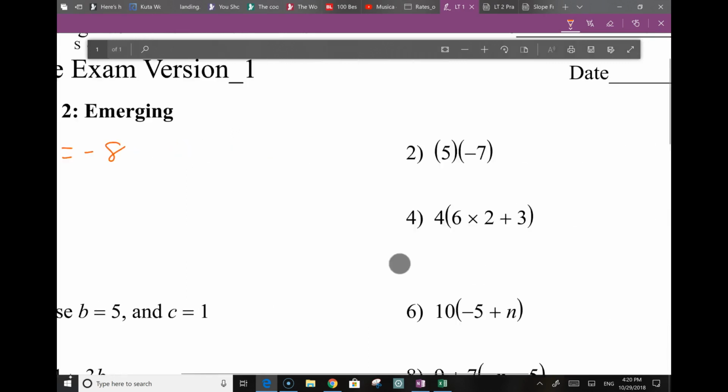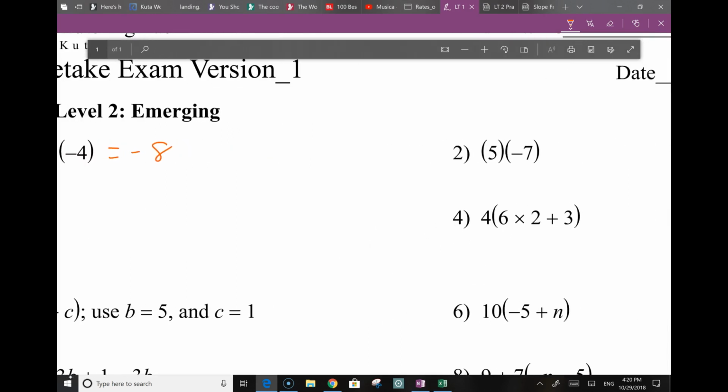Number 2, right over here, 5 times -7. When you multiply or when you divide, one method is to remember this face here. Now, the way this works is you can only multiply two numbers at a time, practically speaking. So when you have 5 and -7 and you're multiplying them together, you want to hide the signs that belong to each value.